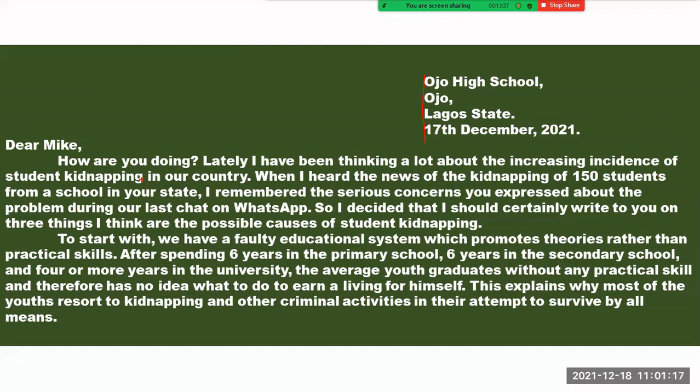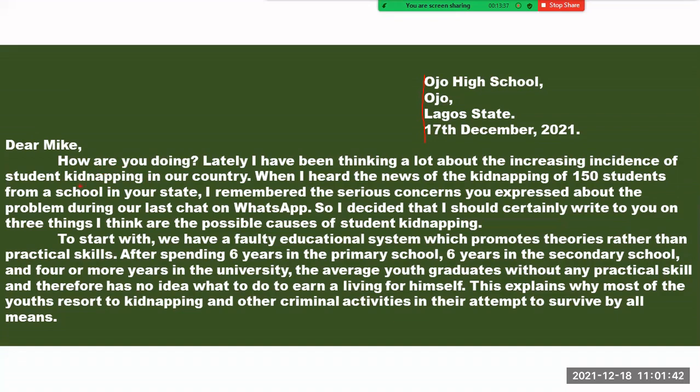You can leave it till the end of the letter. If you want to go straight and treat the purpose of the letter, then you can extend greetings at the end of the letter. But because this is a friendly letter, there's nothing wrong with starting by making inquiries. So this is the method we have adopted here.